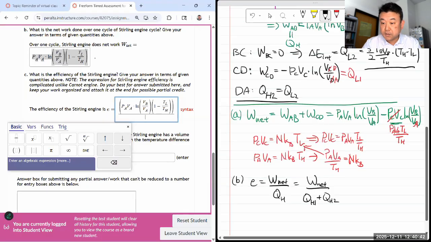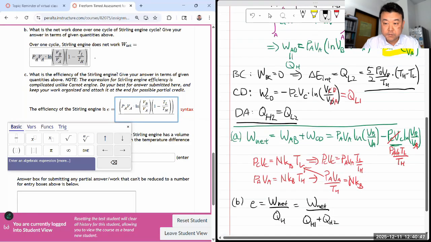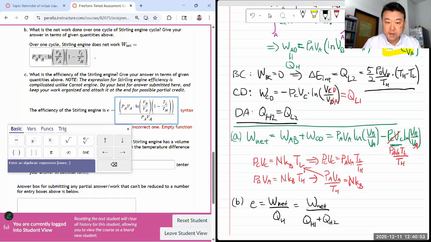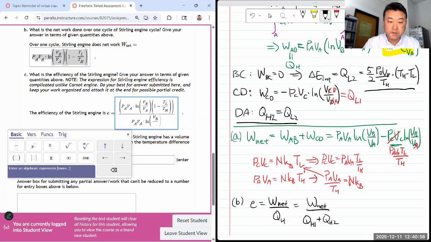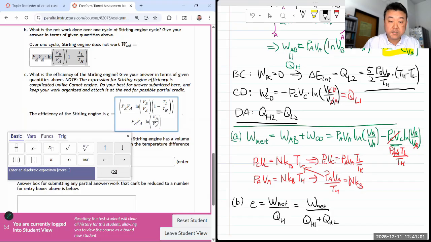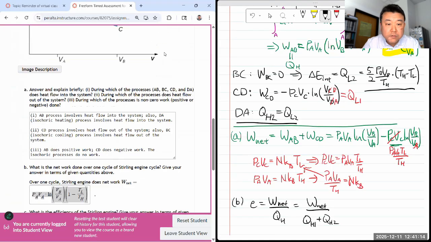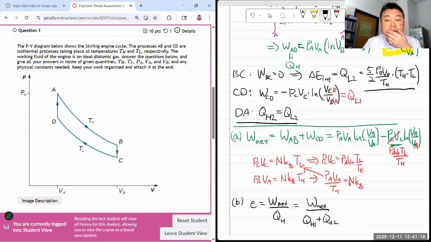So that'll be the QH, which I have there: PA VA times natural log of VB over VA. That's QH1, plus I need QH2, which is the same as QL2, both positive quantities, the way I wrote. And I need PB VB, can I use it? I can use VB but not PB.